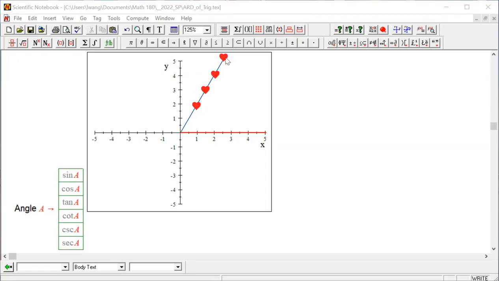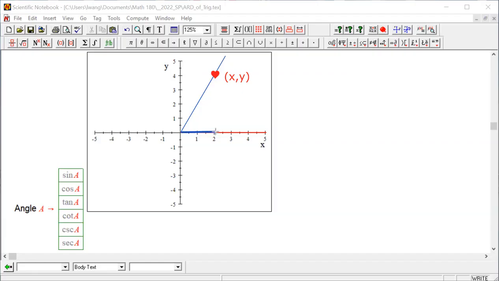It can be any point. Of course, you just have to choose one. And this point has a coordinate, an ordered pair, x comma y. What is x? X is the horizontal measure.